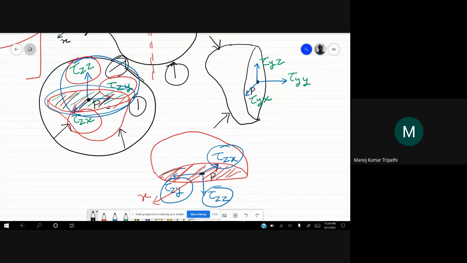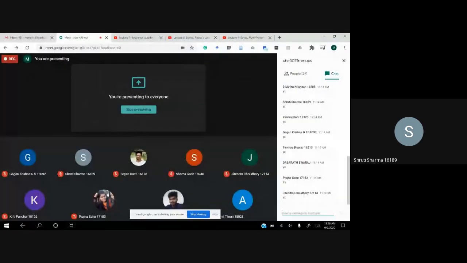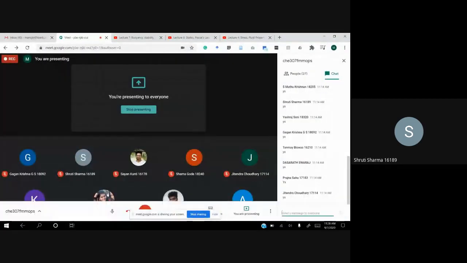Let's call it surface 1. Let's call it surface 2. Both are the same surfaces. There is no difference between the two surfaces except the orientation. Okay, sir. Is there any other question?